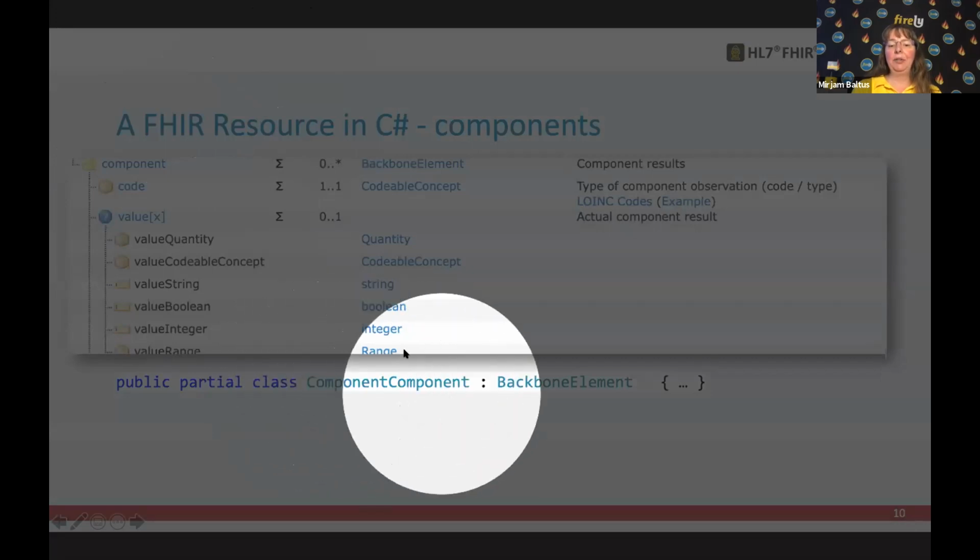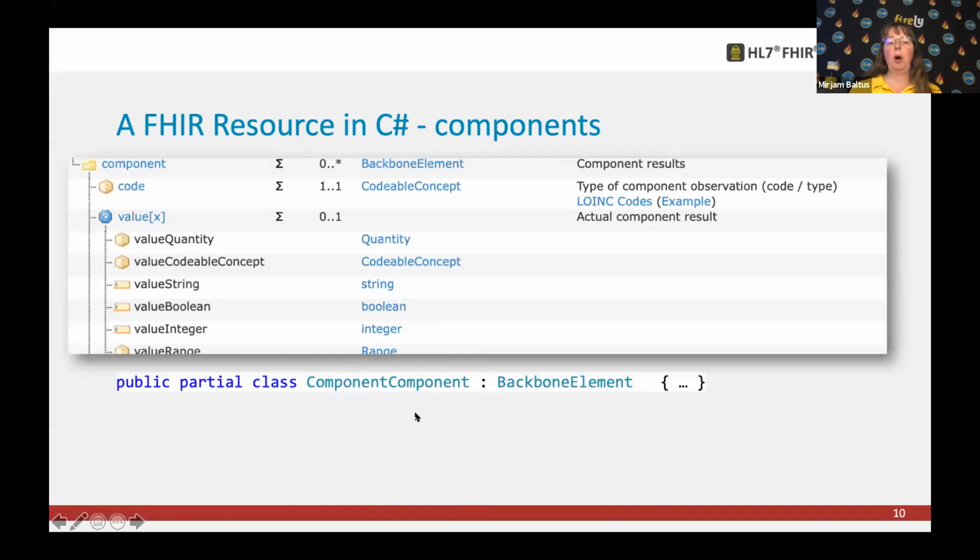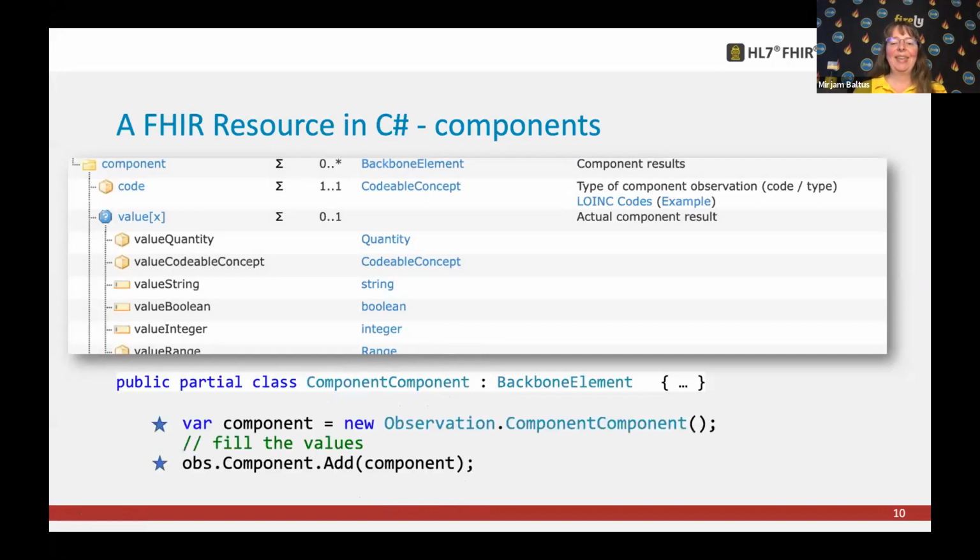And then we add component to it to indicate that this is a sub-part, a sub-block of information within the main resource. In observation, for example, you also have reference range, and that component will be called reference range component. But yeah, I took this example to show you that you can encounter these, well, a little bit of elaborate names there.